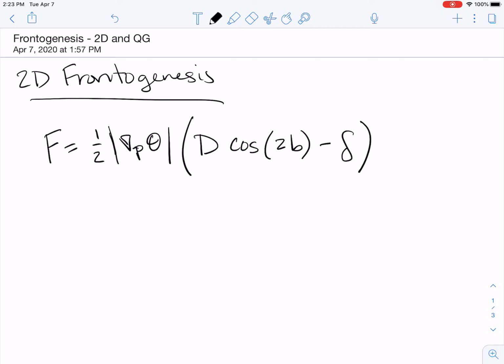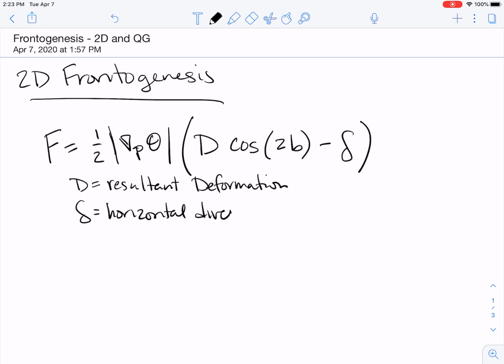And so here I'll just note again, D is the resultant deformation. Delta is our horizontal divergence.